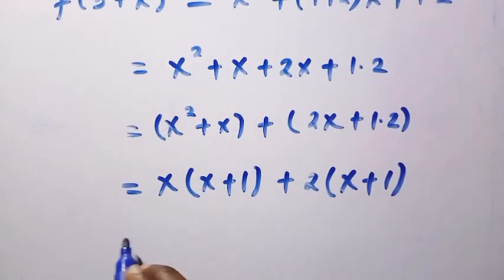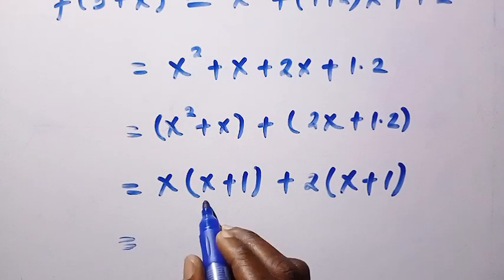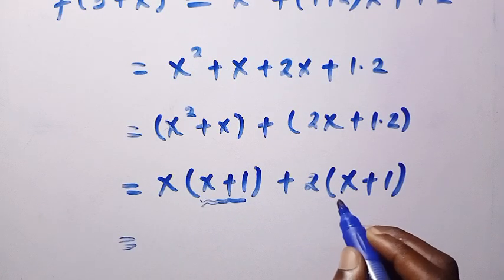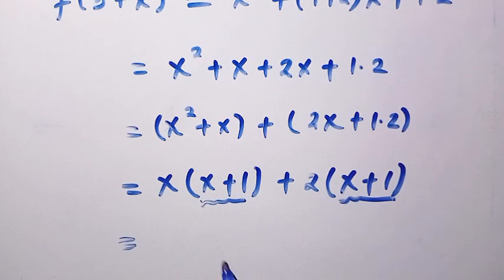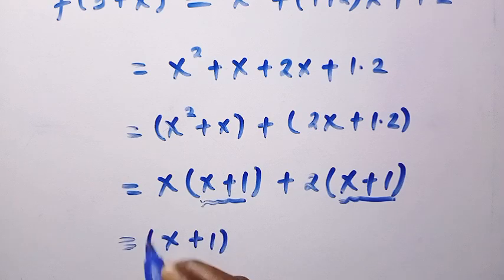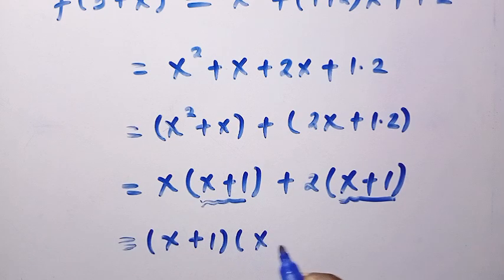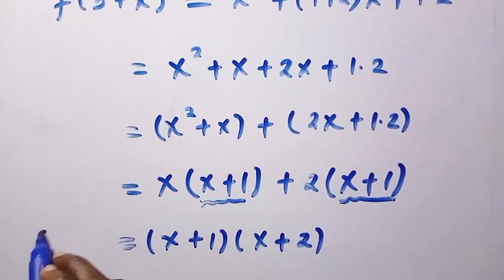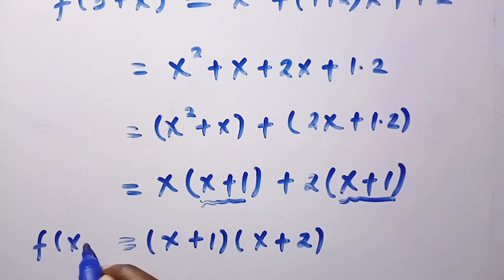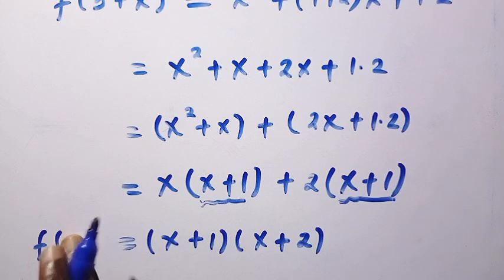And again, we are going to see that x plus 1 is here and x plus 1 is also here. Therefore, this becomes x plus 1 multiplied by x plus 2. This is what we have. This is a complete factorization of the quadratic that we're given, and the domain still remains 3 plus x.